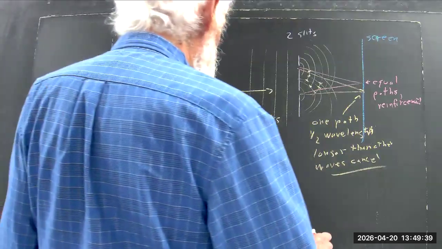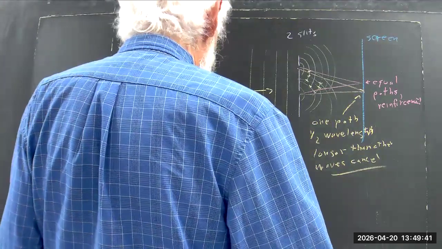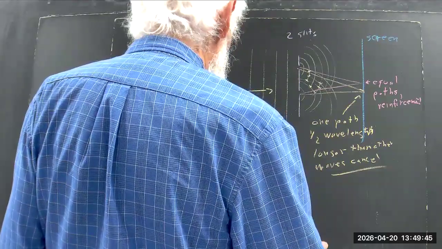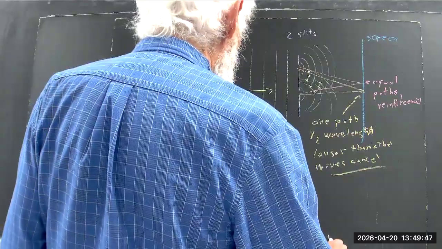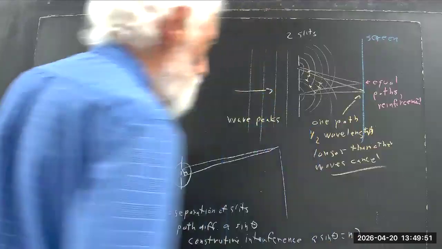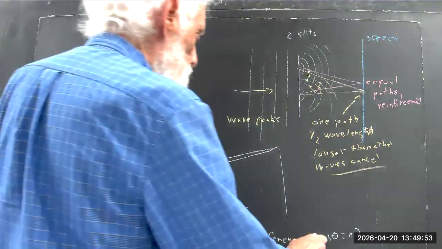Constructive interference: A sine theta equals n lambda.